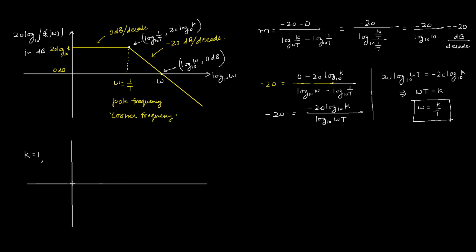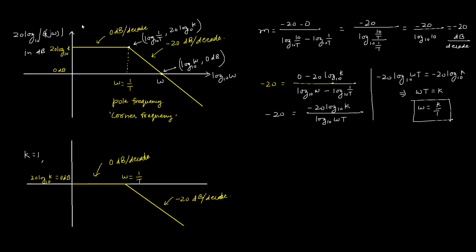Starts with 0 dB, and after frequency 1 by t, the slope becomes negative. The value of this 20 log k base 10 is 0 dB. Starting slope is obviously 0 dB per decade, and the slope after first corner frequency is negative, minus 20 dB per decade.